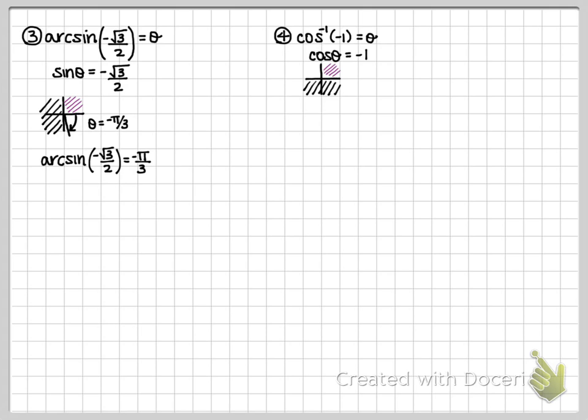Cosine's the x value, so I'm just going to be over here. Whatever that angle is, I think that angle is going to be pi. So I know that cosine inverse of -1 is just pi.